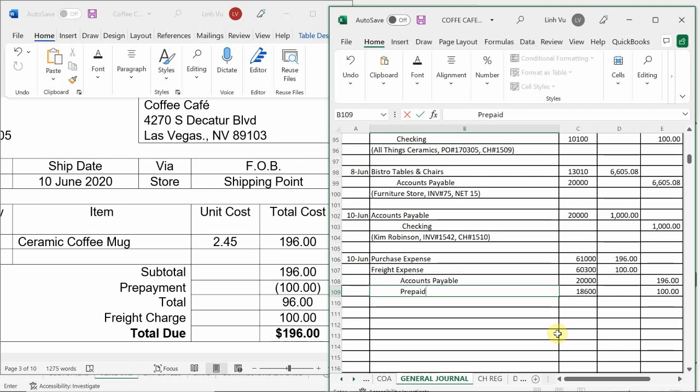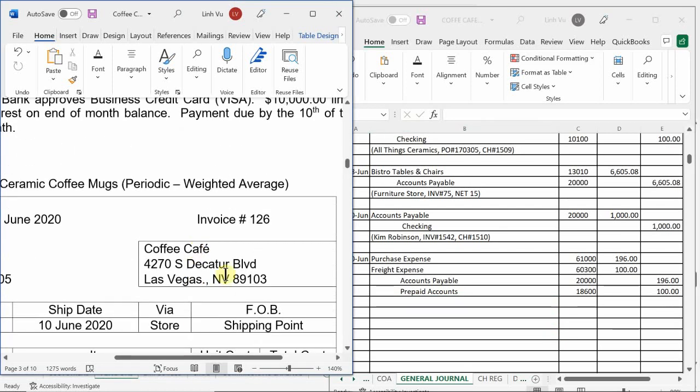So prepaid accounts is where I put my voucher for that $100 down payment. Okay, so therefore that is why I owe only $196, because I already placed a payment for $100 ahead of time.